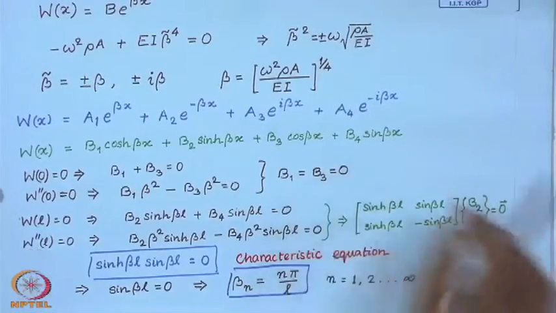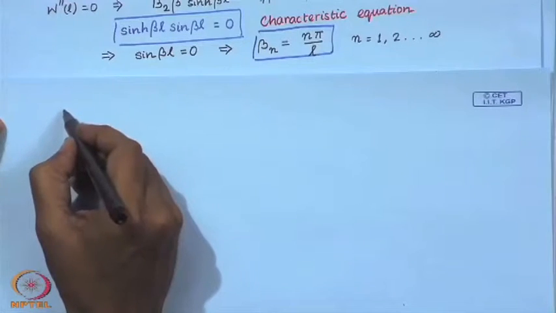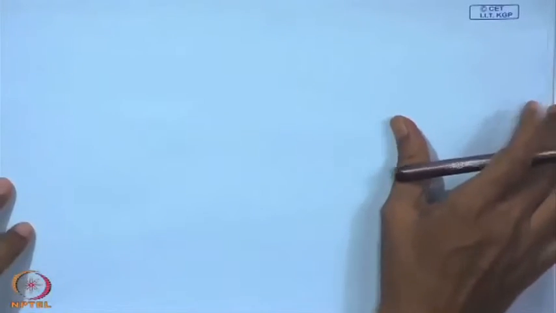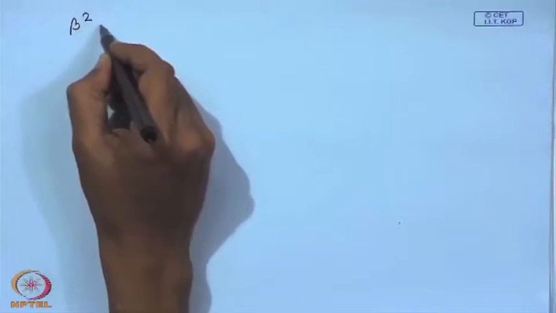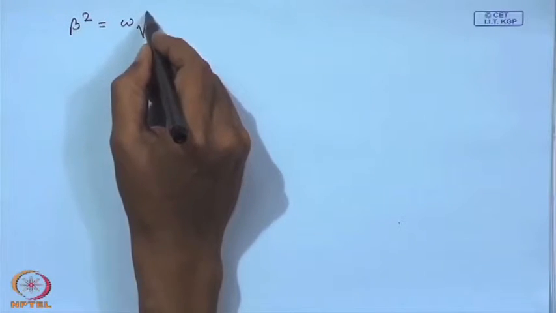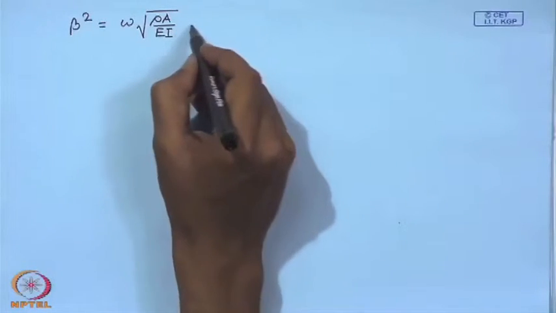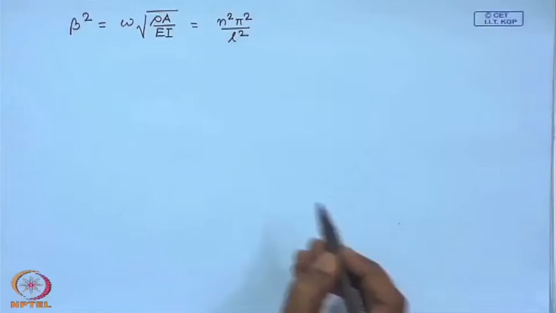Therefore, using these two, so beta square is, and that must be as we have obtained.